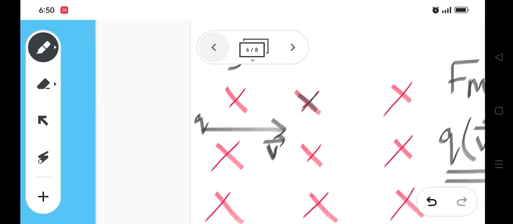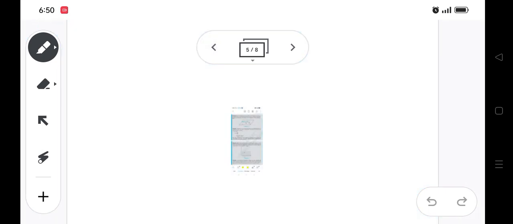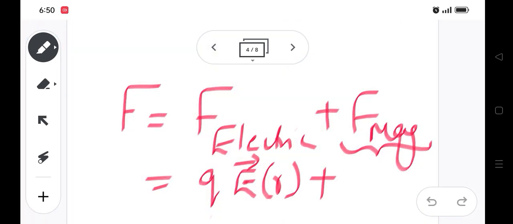So we know that the Lorentz force is the sum of the electric force as well as the magnetic force. So it will be q into E of r plus q into v cross B. Is it clear?